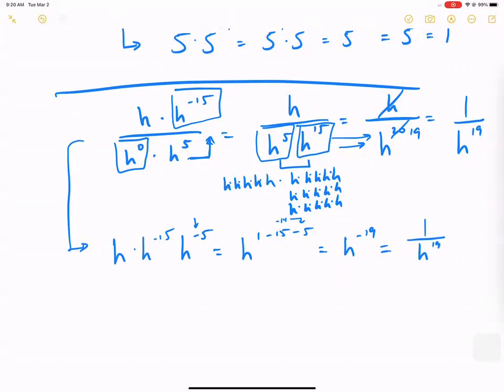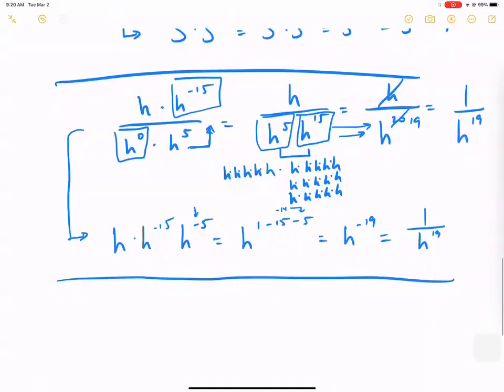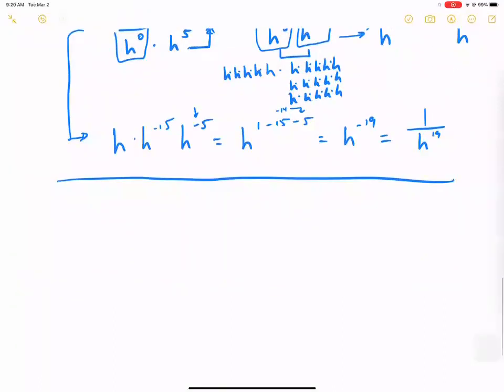Now, our next task is we are actually going to just multiply out our exponents. We're going to start multiplying out our exponents. So here's my example.